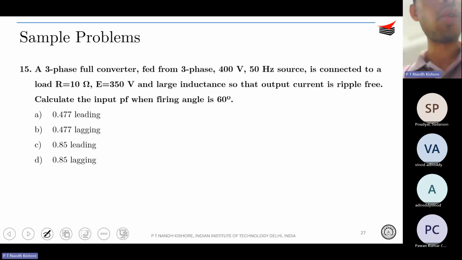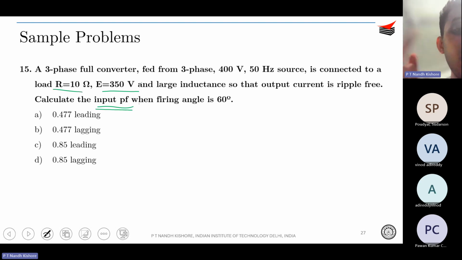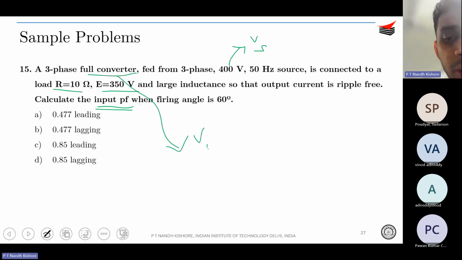Okay. So always the reason all these quantities are given is, the moment a student sees this question, he will not think about this particular term, input power factor. The guy will be thinking about, okay, R is given, E is given, and also the input VM or the VS is given. So I can always calculate what is V naught for this full converter.